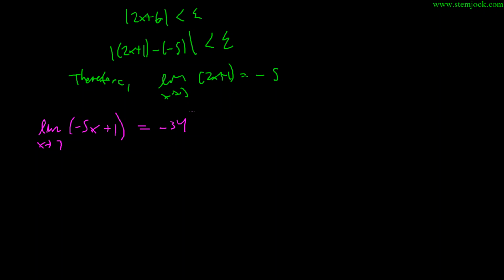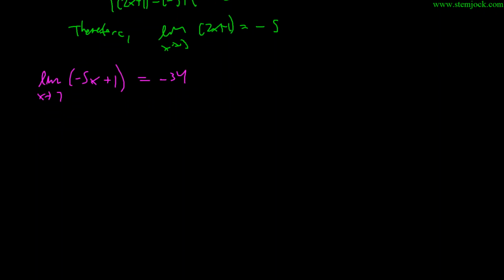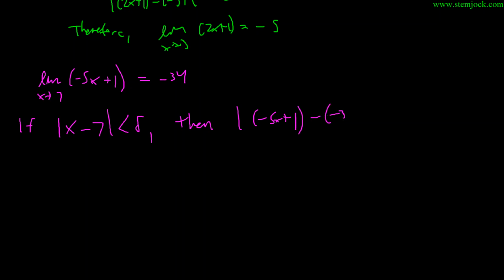I want to prove this using the precise definition. This is analogous to showing that if the absolute value of x minus 7 is less than delta, then the absolute value of negative 5x plus 1 minus negative 34 is less than epsilon.